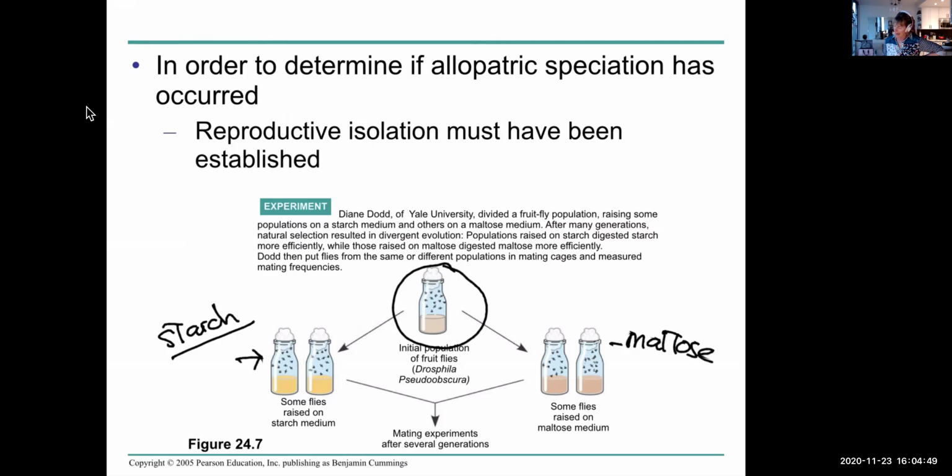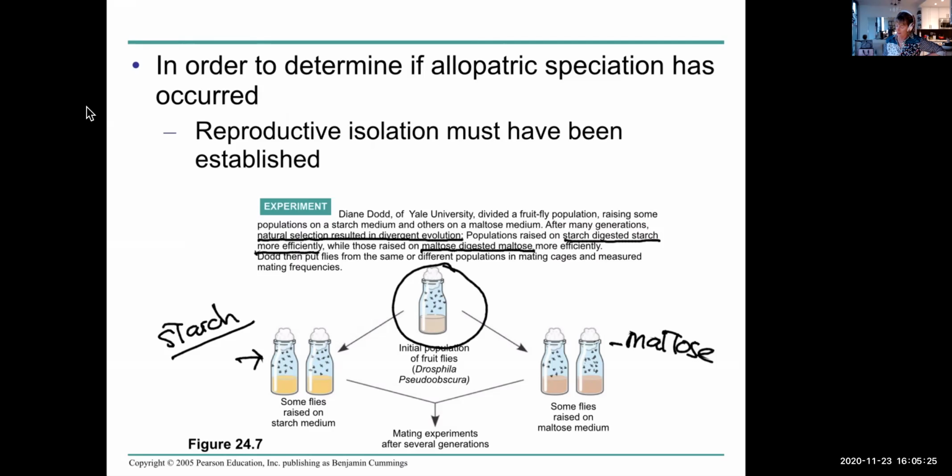Yeah, and so after many generations, so in this case, it wouldn't take that long for many generations, maybe 3 or 4 months at the most, natural selection resulted in divergent evolution. In other words, populations raised on starch digested starch more efficiently. So they just began to digest starch more efficiently. Whatever enzymes there were to do that were selected for because those individuals survived. Those raised on maltose digested maltose more efficiently.